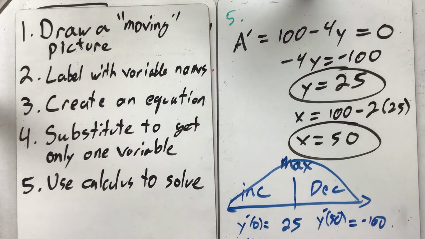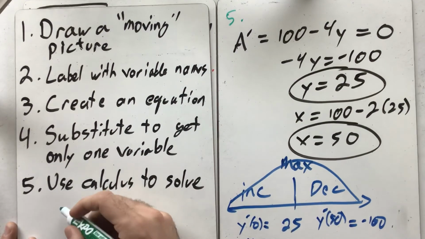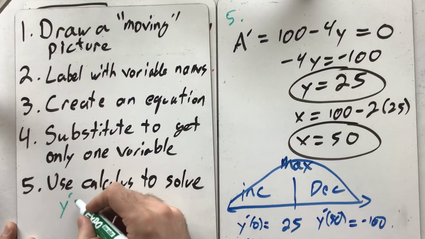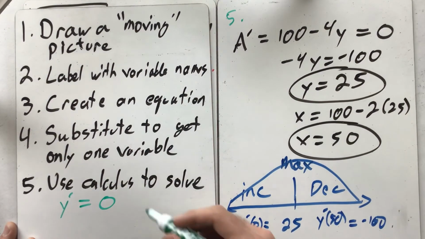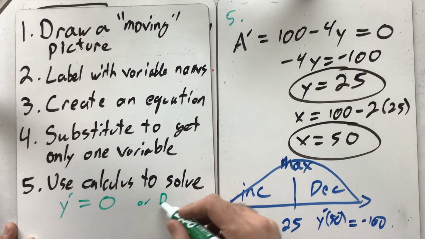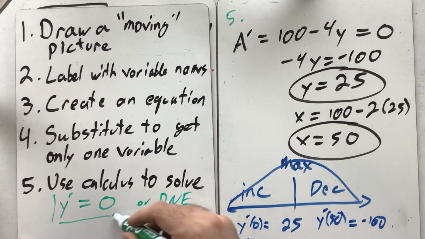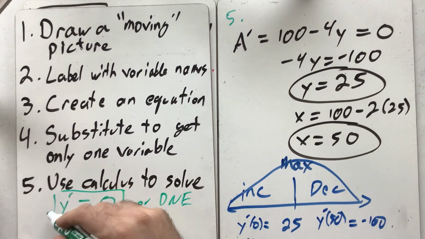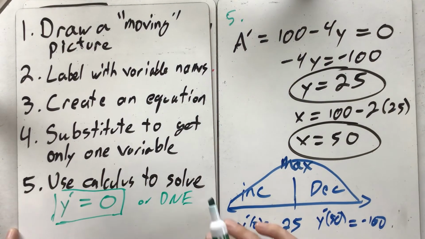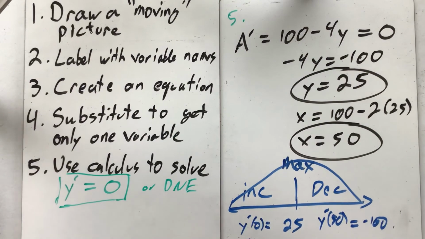The calculus step is almost always the same. We take the derivative and we set it equal to 0, or look for where it does not exist. So we're basically looking for those critical points. I think that for our problems, we will almost always have equal to 0. I don't know if we'll ever have does not exist, but it's possible.